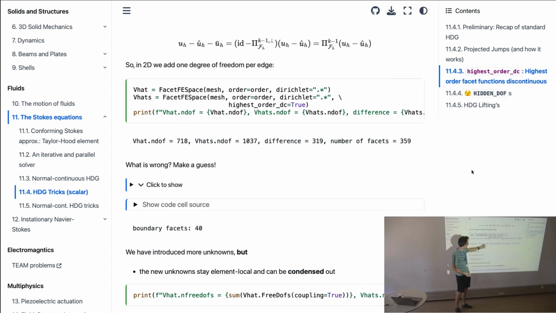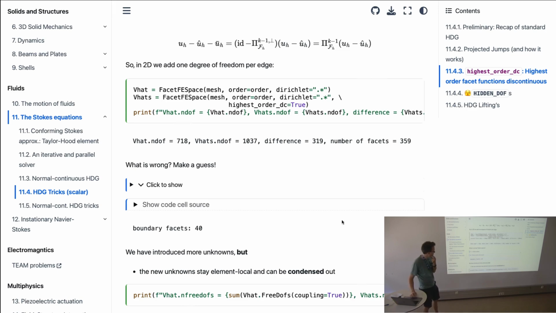And now we do this other thing, and we actually get more degrees of freedom. This is because we essentially duplicate the highest order degree of freedom, right? Okay, a small catch: the difference between those two is 319, but the number of facets is 395, so that doesn't match up. Does anyone have an idea why this could be the case?